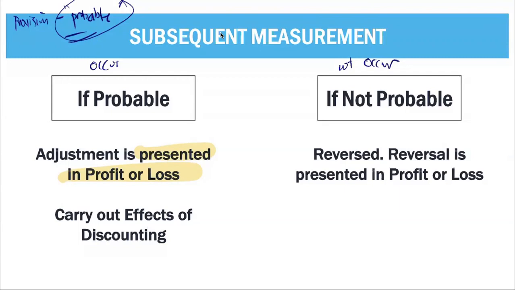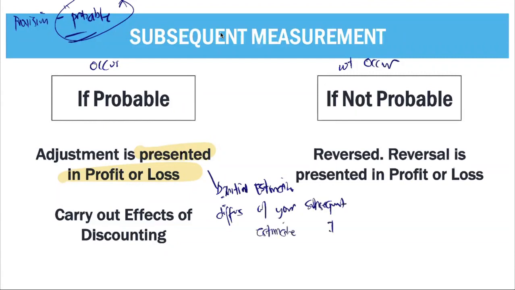This happens, guys, if your initial estimate differs from your subsequent estimate. So for example, our initial estimate a while back is 3 million, and then subsequently, our new estimate is 4 million pesos. So how do we treat that? It is presented in profit or loss.